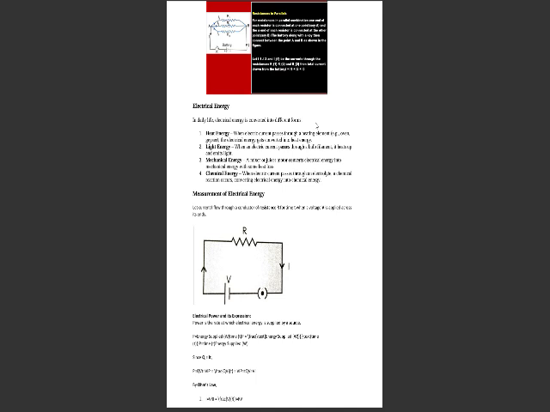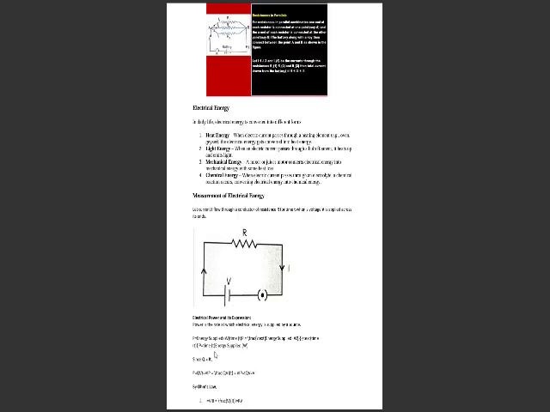On adding, we get V1 plus V2 plus V3 equals VA minus VD, which is IR1 plus IR2 plus IR3, equals I into (R1 plus R2 plus R3). IRS, which is series, equals I into (R1 plus R2 plus R3). So RS equals R1 plus R2 plus R3.